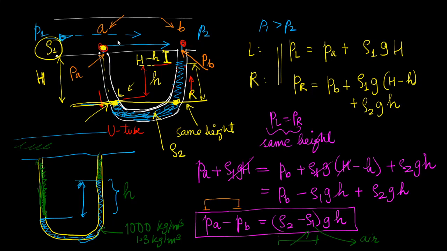Sir, if rho 1 is equal to rho 2, then PA will be equal to PB. See, let us assume that rho 1 is equal to rho 2. Then the fluid sort of will not deflect at all.